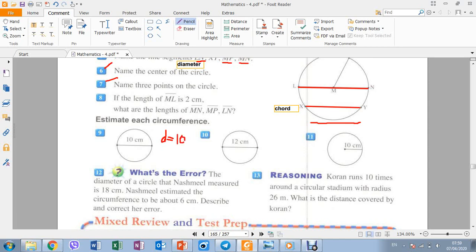Now the circumference, I put down the letter C for circumference. So C equals what? Estimately 3 times 10.